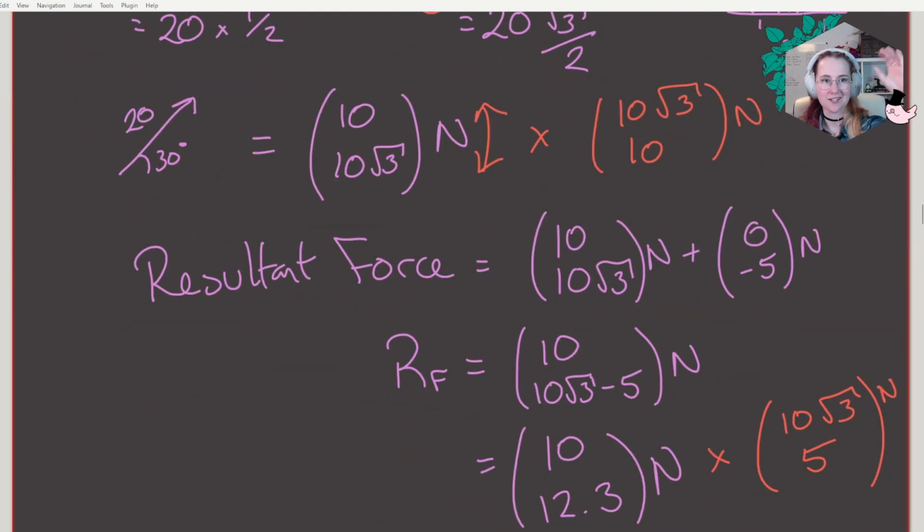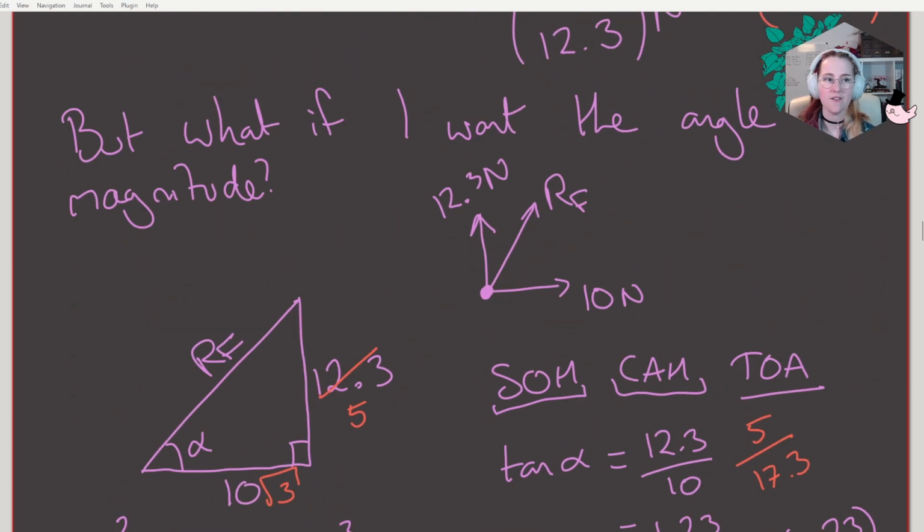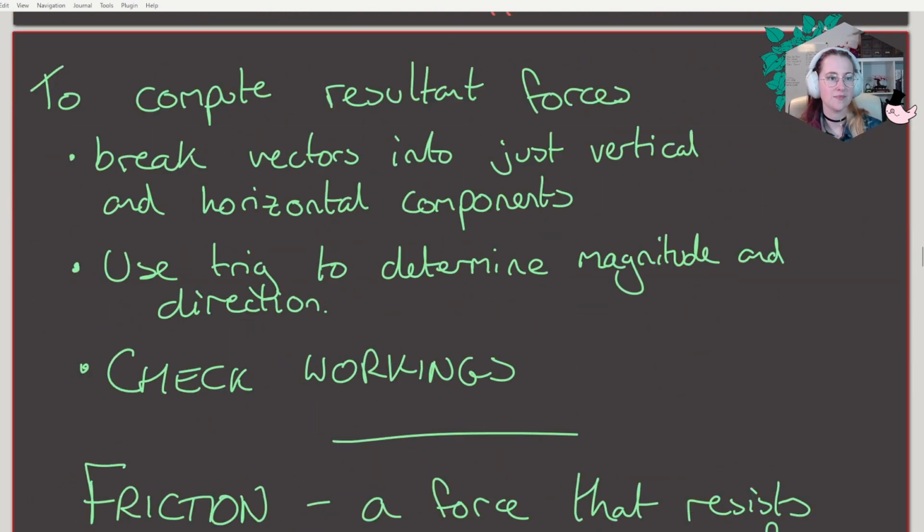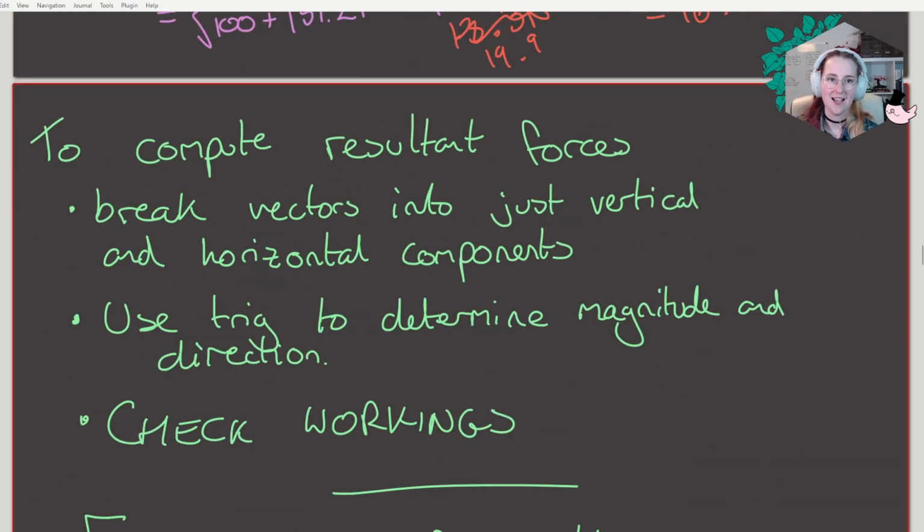But essentially, the difference between 1D and 2D: in 1D you sum up in one direction, in 2D you break it down into the two directions, sum up, and then use trig to find the angle and the overall size, using the vectors. Little highlight from that: break the vectors into vertical and horizontal components, try to determine the magnitude and direction using trig, and then double check your workings because you probably made a mistake.